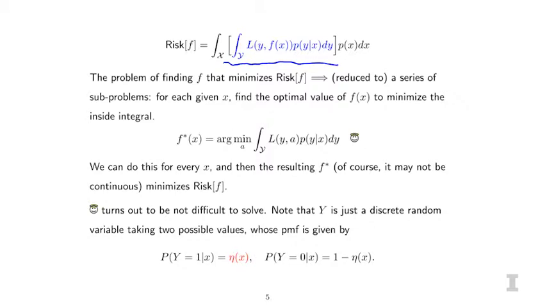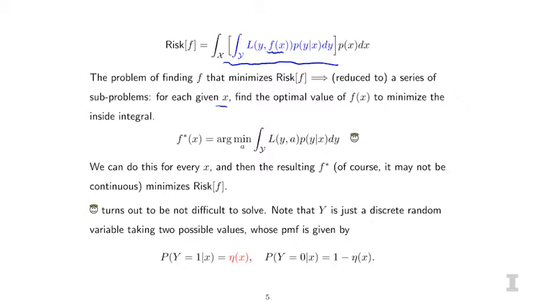All we need to do is, for each x, given lowercase x, find the optimal value for f(x) that minimizes the quantity inside the bracket. The blue integral inside the bracket measures the loss of function f at a particular point x, and the outside integral basically returns us the average loss over the whole x range.